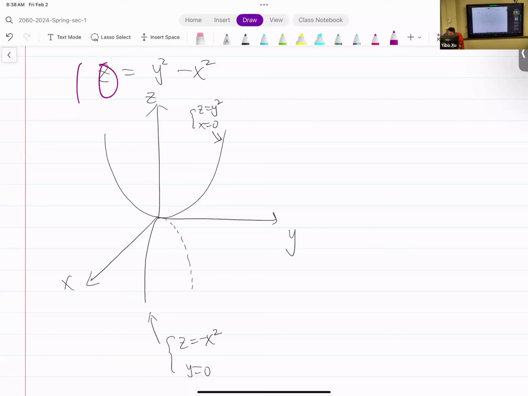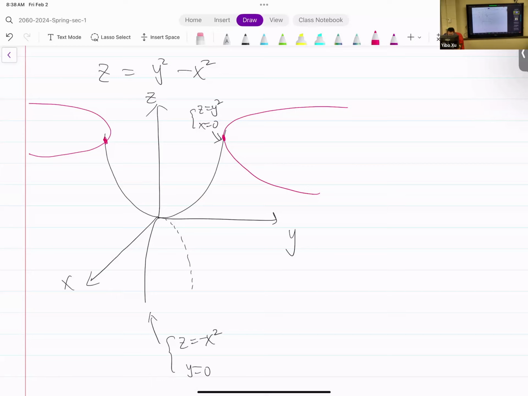To give you an idea, I'm going to put it in red. It's something like this. So it's a hyperbola opening along the Y direction, where you fix Z as a positive constant.